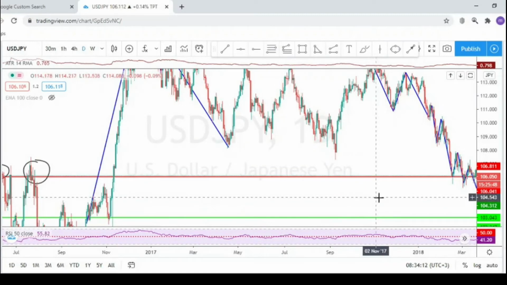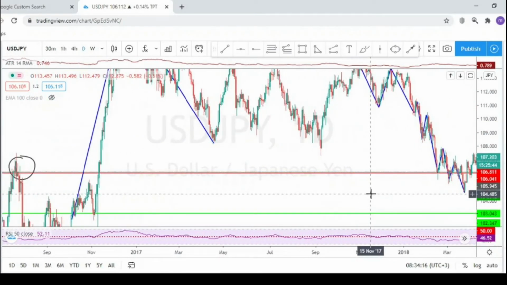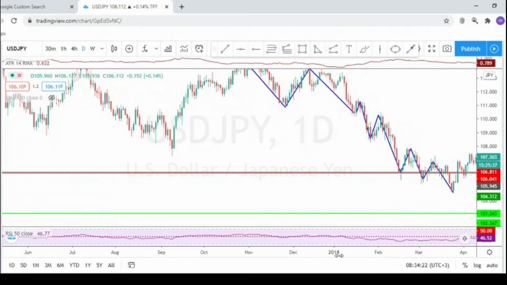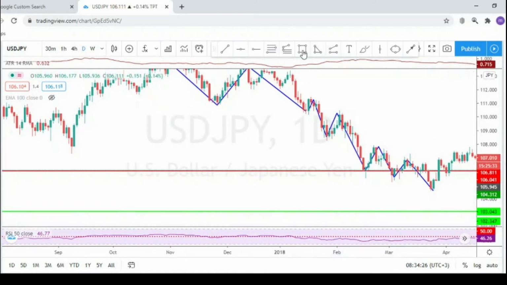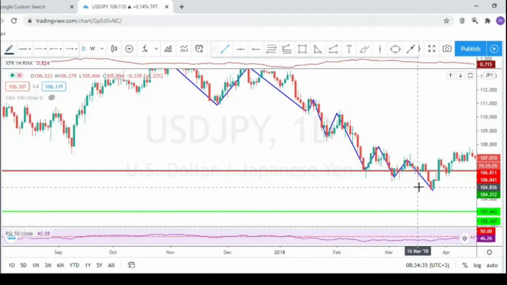So our third step is to identify a possible sign of a new trend. And identifying this possible sign of a new trend, guys, I told you that is when you see a move that looks like this. Let me change the color to black.